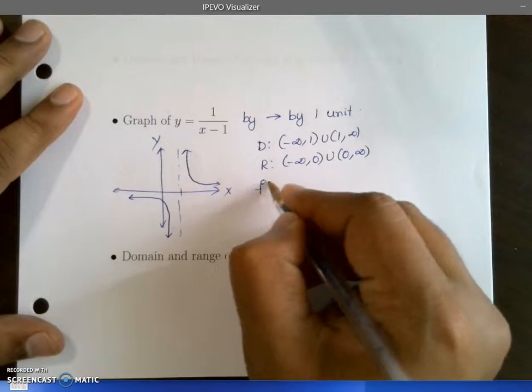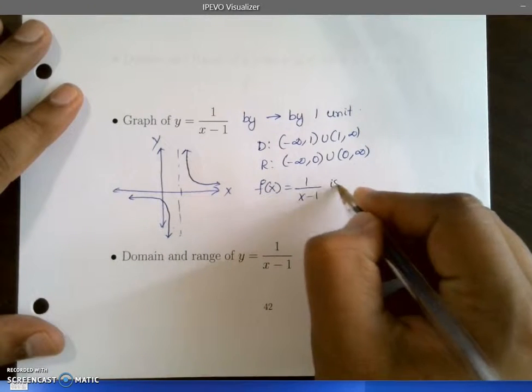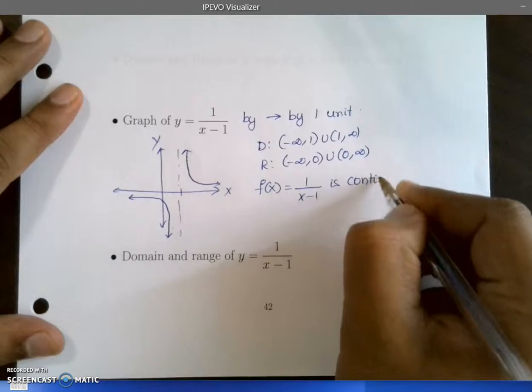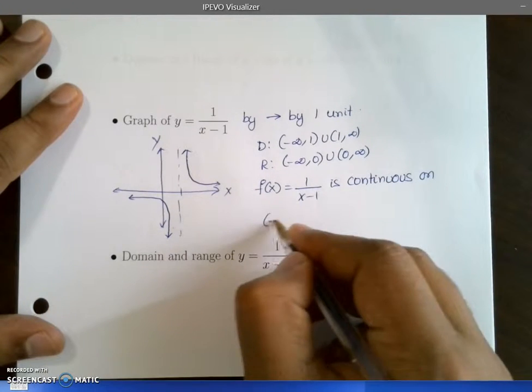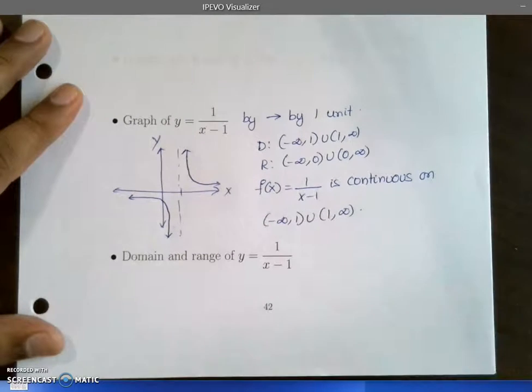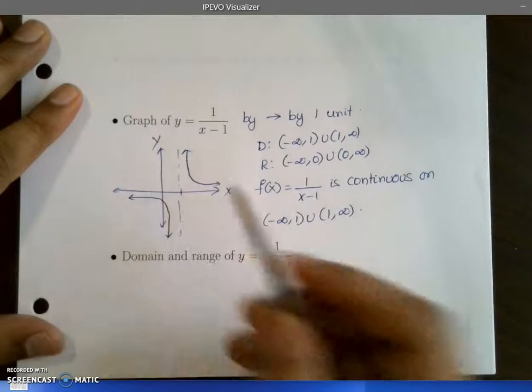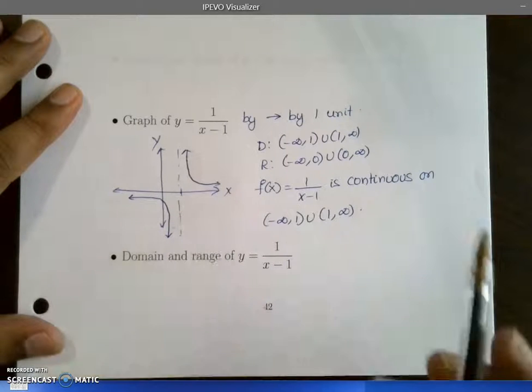So the function f of x equals 1 over x minus 1 is continuous on its domain. That means it's continuous on negative infinity to 1 union 1 to infinity. In other words, except at 1, it is discontinuous, but other than that, the function is continuous.